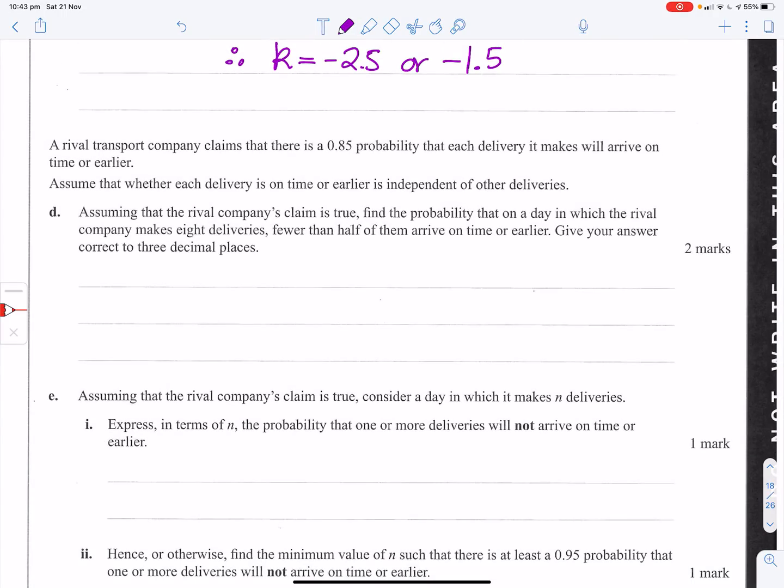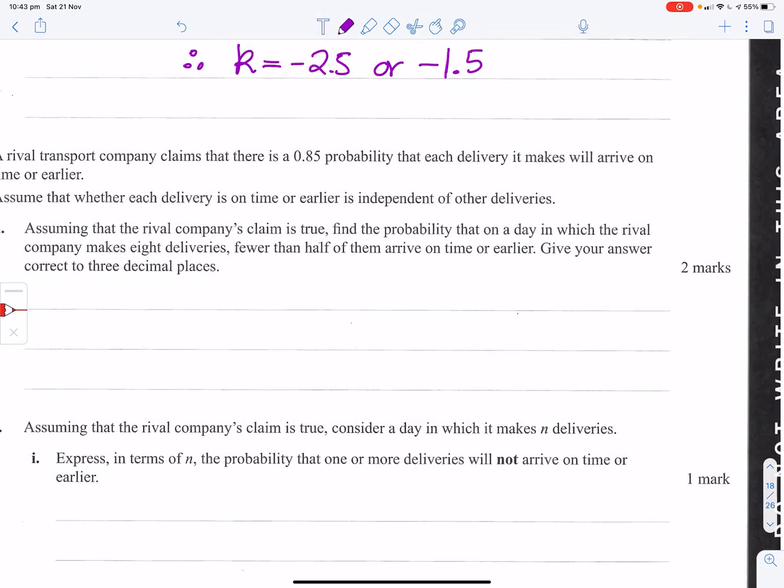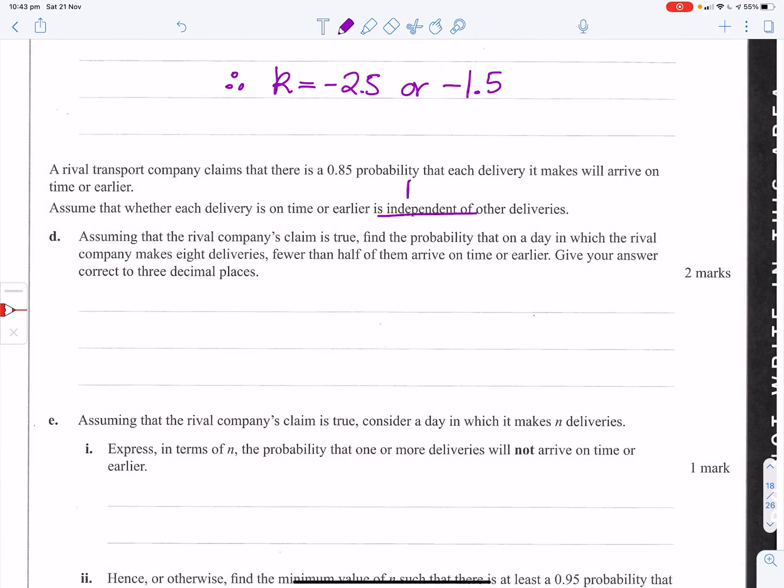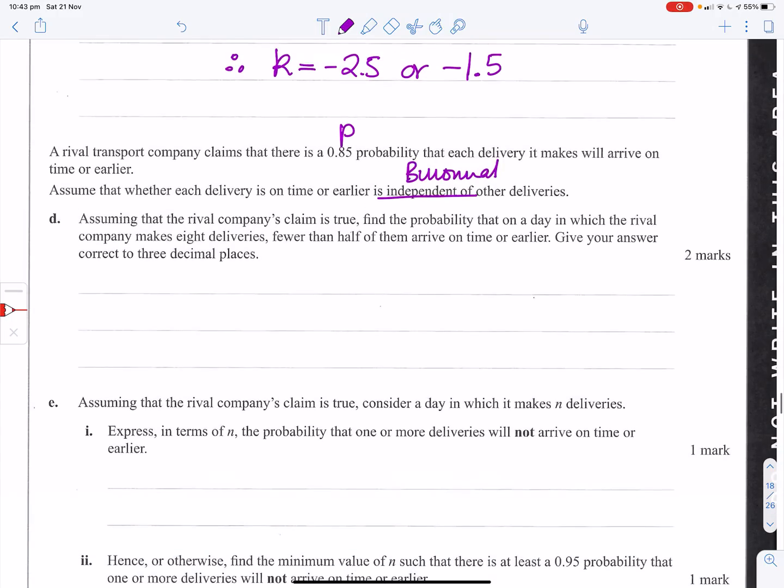A rival transport company claims there's a 0.85 probability each delivery it makes will arrive on time or early. Assuming whether the delivery is on time or earlier is independent of other deliveries, suggest binomial. Assuming the rival company is true, find the probability that on a day in which the rival company makes 8 deliveries, fewer than half of them arrive on time or earlier.